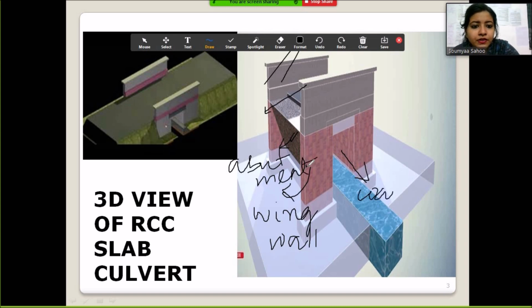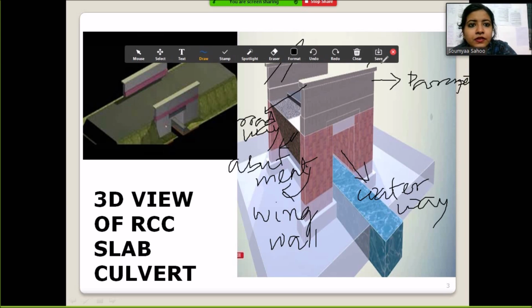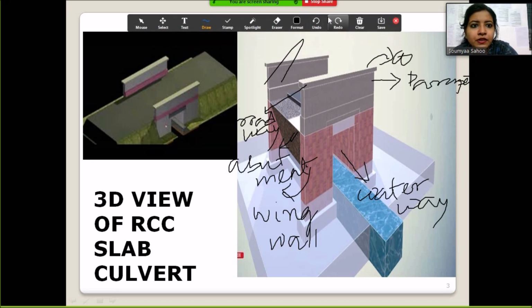This is waterway, and this is the roadway. This is parapet. This is called the coping. So these are the different parts of a culvert.